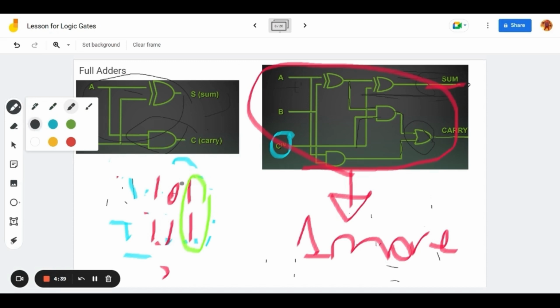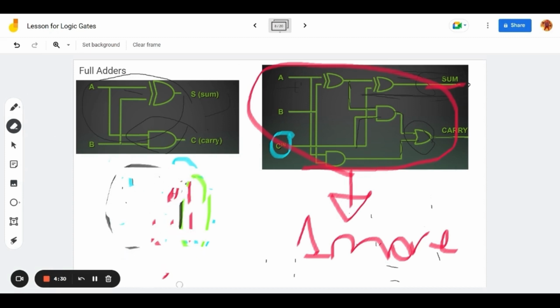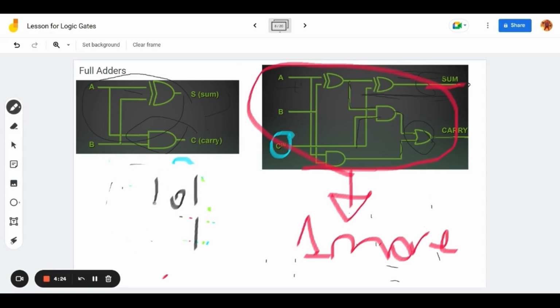So one full adder cannot take in the whole rest of the question. One full adder takes in the one row after the first row, which is controlled by the half adder.